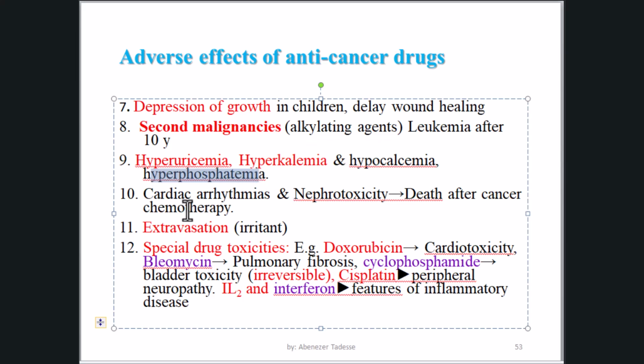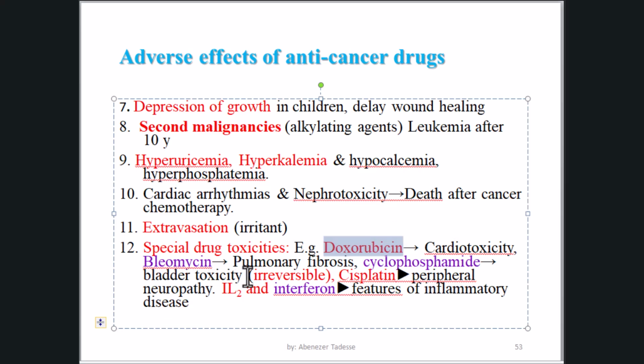The other one is cardiac arrhythmia and nephrotoxicity, especially with anthracyclines, and nephrotoxicity with alkylating agents, as well as various agents associated with nephrotoxicity. Irritation is the most common side effect among all, especially GI. Special drug toxicities include cardiotoxicity associated with anthracyclines, pulmonary fibrosis associated with bleomycin, and bladder toxicity with cyclophosphamide.